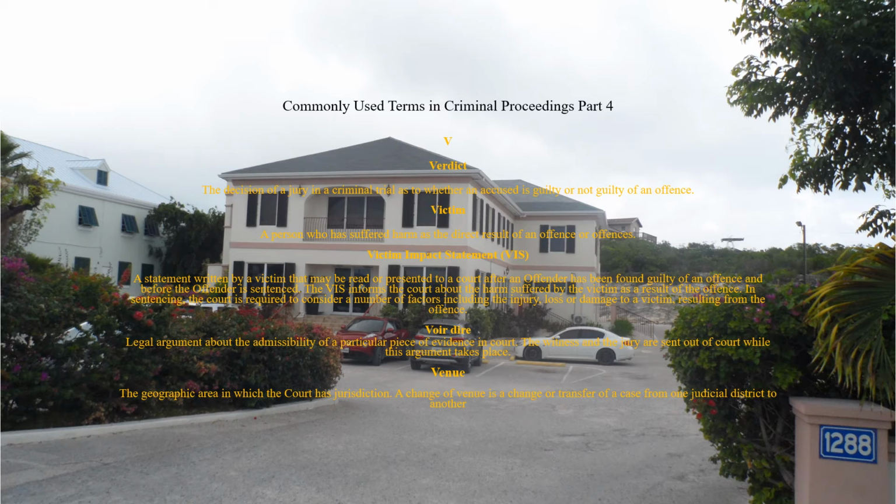Next term you may hear about in criminal proceedings is the term victim impact statement, and this is a statement from the victim that may be presented in court after an offender or defendant has been found guilty of an offence or has pleaded guilty to the offence and is to be sentenced.